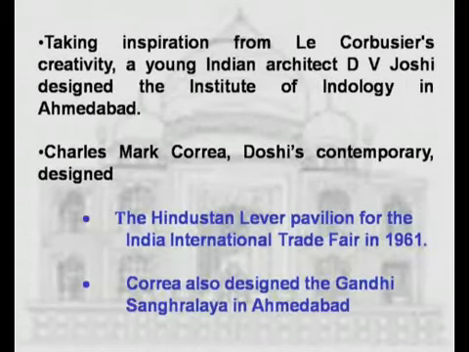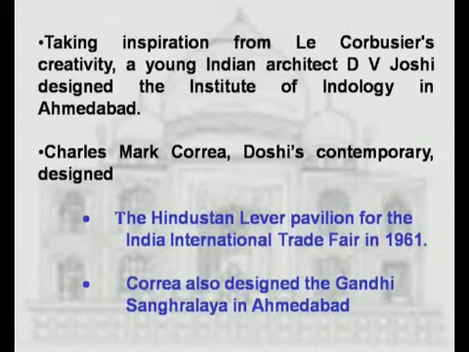Taking inspiration from Le Corbusier's creativity, a young Indian architect, D.V. Joshi, designed the Institute of Indology in Ahmedabad. Charles Mark Correa, Joshi's contemporary, designed the Hindustan Lever Pavilion for India in the Indian International Trade Fair in 1961.